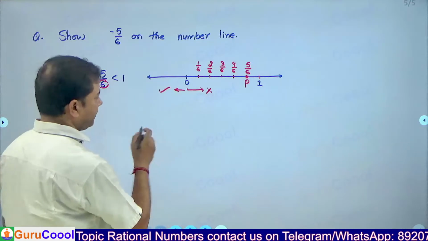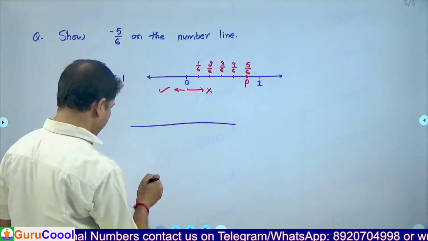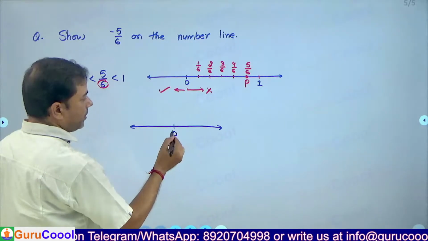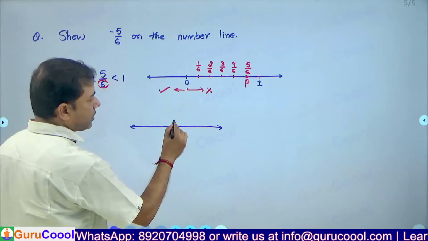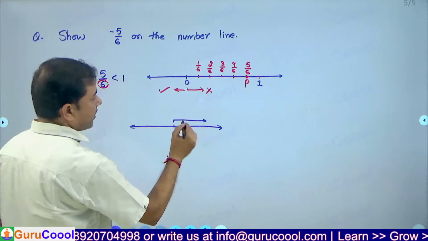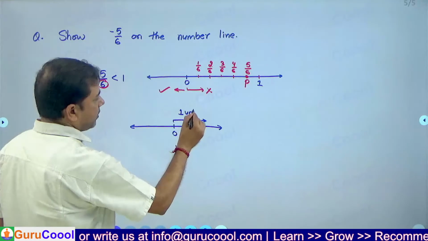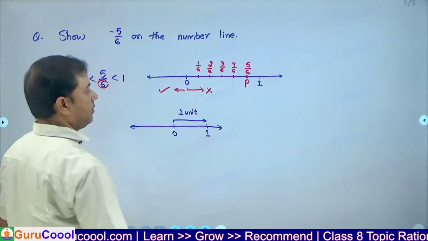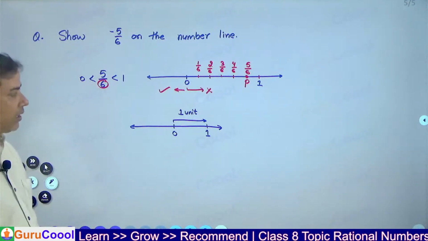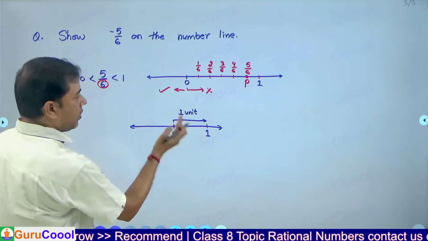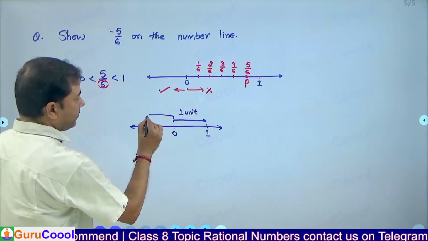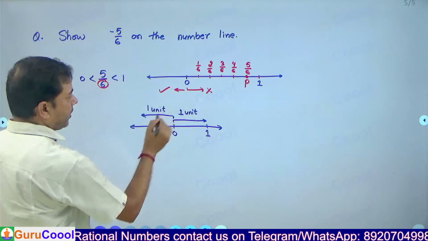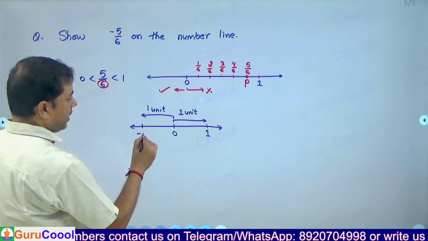Just like if it is 0 here, you travel 1 unit distance to the right side, the number 1 comes. If you travel same distance on the left side, you reach at a number -1.